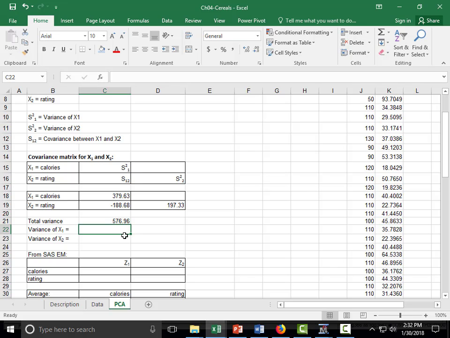So let's just look at the two variances of the two variables. The first variable accounts for, divide that by that, 65.8% of the total variance, and the second one is the balance.